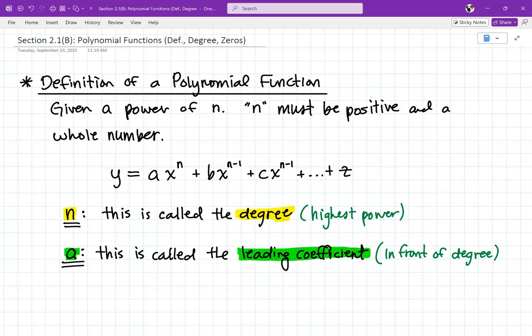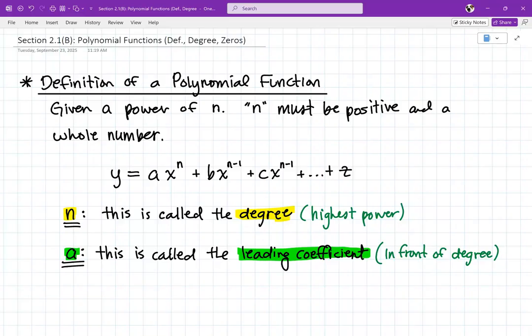It has to all be positive powers, and they have to be whole numbers. No fractions, like no x to the 1/3, no x to the 3/4, nothing like that. They have to be like x squared, x to the 5th, x to the 10th. That's okay. No x to the negative 5s. No x to the negative 3s. No negatives.